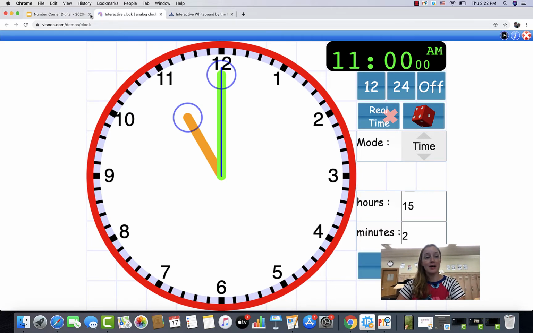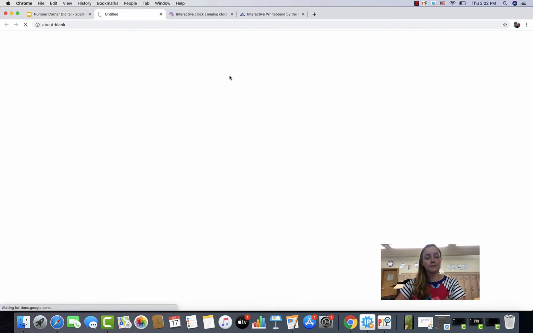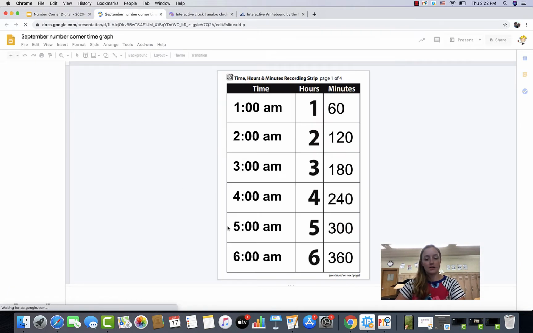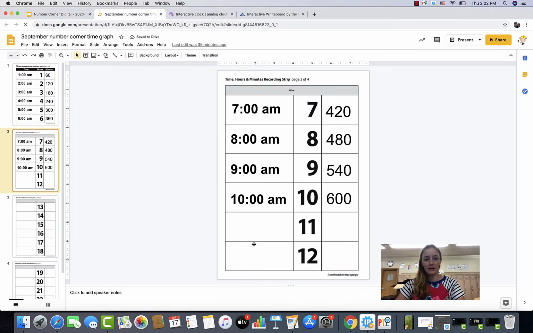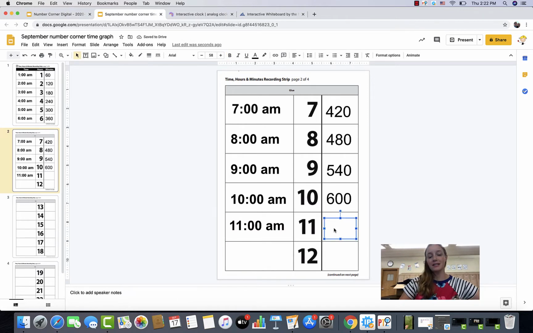Okay, so on my chart, I need to go back and fill out my chart. And I'm going to scroll down until I get to this one, which is today. We're at 11 a.m. And I have to add now 600 minutes plus 60, because 60 minutes is added every single day. So let's go 600 plus 60, okay?